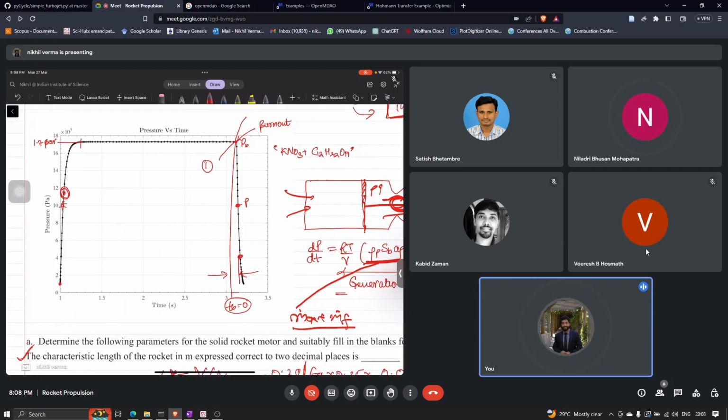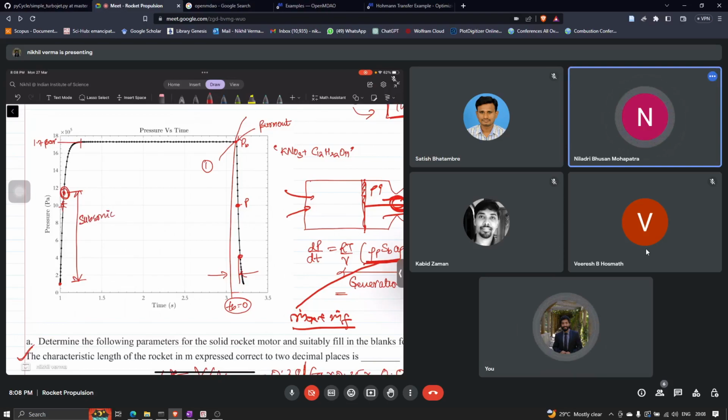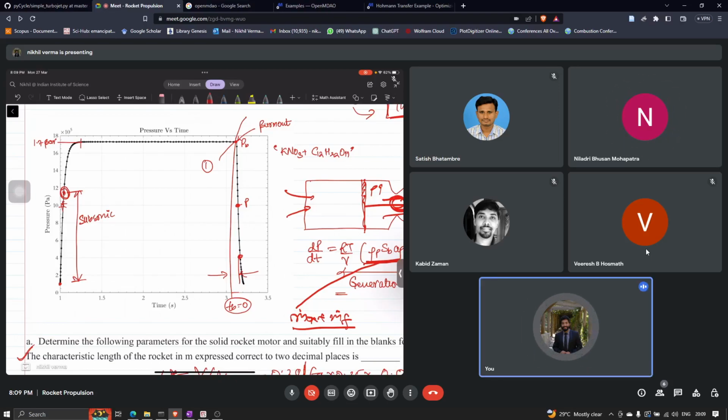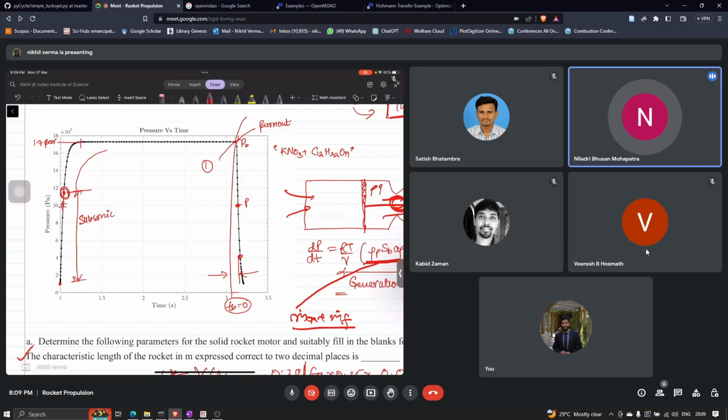But you have to consider this thing. In the starting I told you, right? You have to consider this as a subsonic flow. Otherwise, you'll not get the correct answer. After that, once the pressure is built up, you can use whatever you are using. So I cannot ignore that right side part?